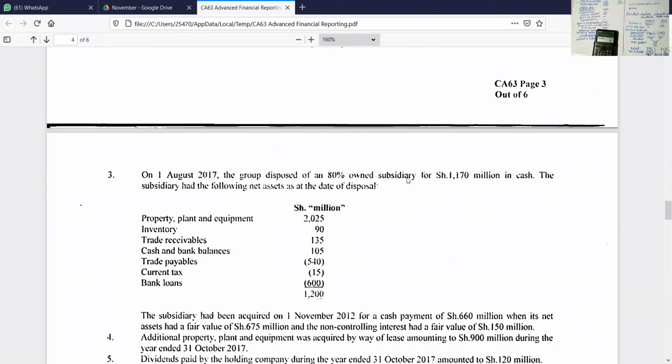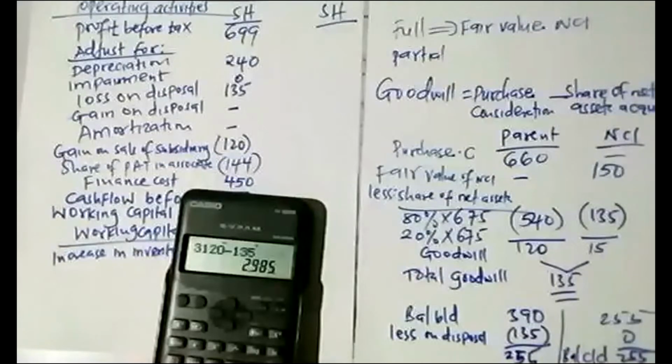So there was a receivable of 135. So we subtract that. If I subtract that, you can see I'm getting 2985 on my calculator.